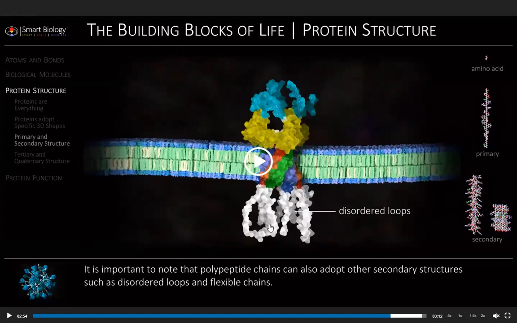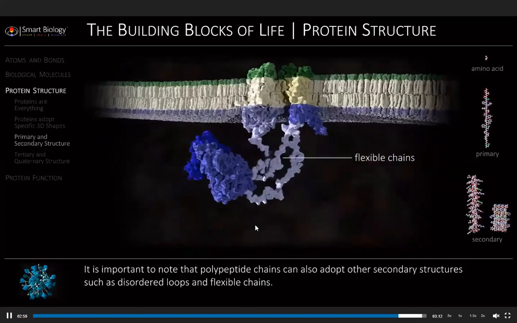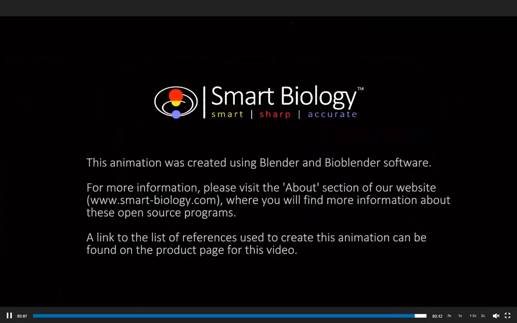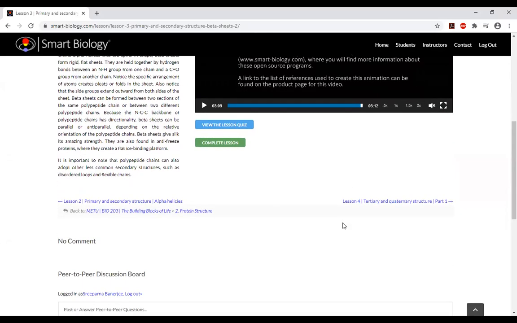In the kinks of the loops, which we can see in this edge here, most likely we have proline residues, which allow this protein to fold back on itself and make these disordered structures. Okay, so this is a disordered loop. Here we have some flexible chains. So this is how the secondary structure is. It's not all alpha helix and beta sheet, rather there can be other structures as well.